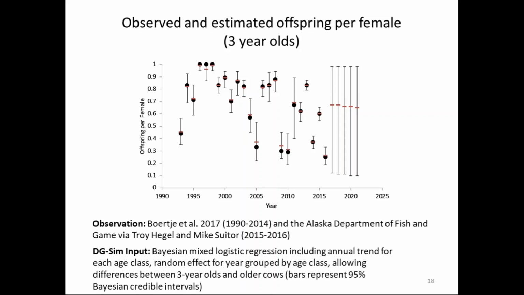So when we run the model, we're not using just the dots, but we're sampling from a distribution that's represented by these 95% credible intervals.